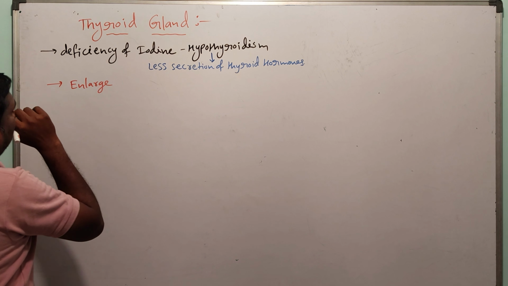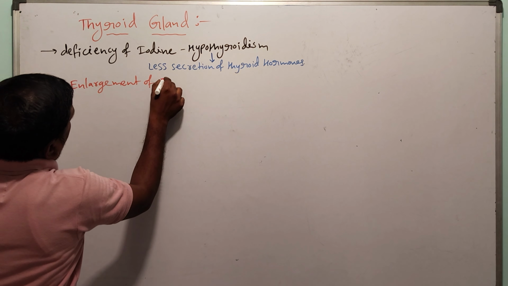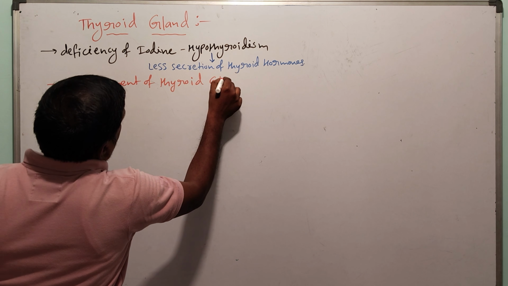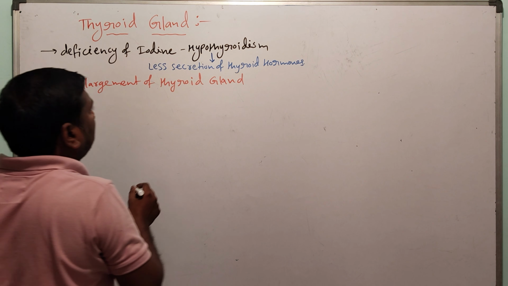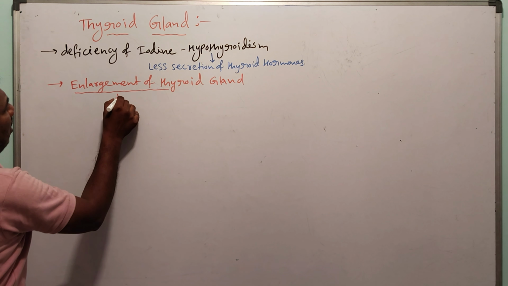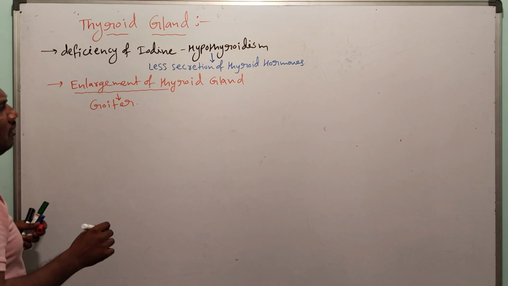Enlargement of the thyroid gland is a disease called goiter.